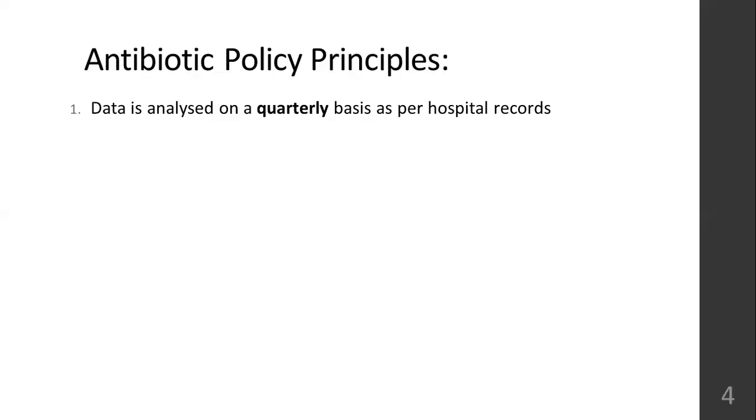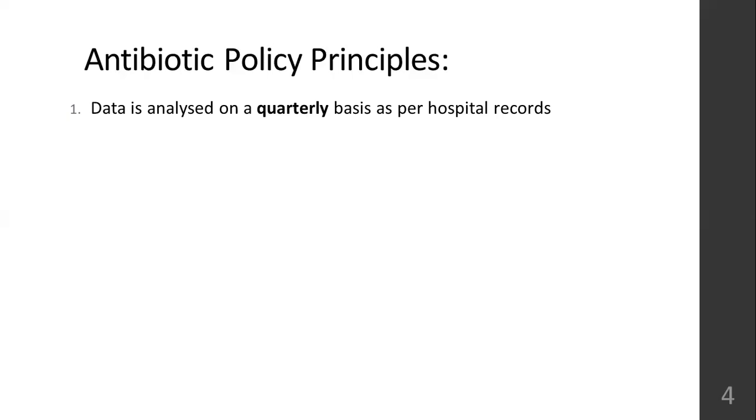Data is analyzed on a quarterly basis as per hospital records. This data usually consists of how many patients are undergoing antibiotic resistance, what is the common site of infection of this antibiotic resistant bacteria, which age group is usually affected, and whether it is an OPD patient or an inpatient.